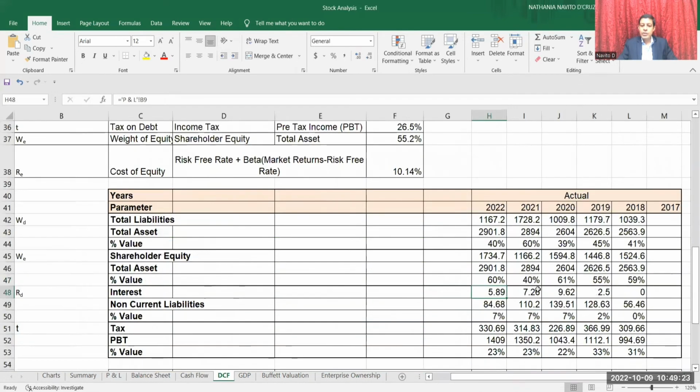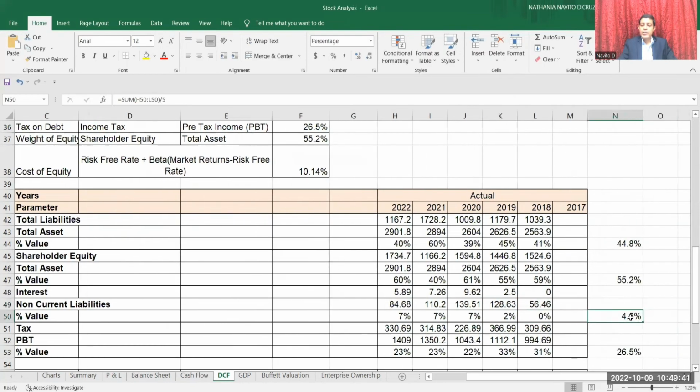So we take these values and then we take the total non-current liabilities, since it is paying interest on all the non-current liabilities, that is the long-term liabilities of the company. So we take these values from the balance sheet and divide them to get a percentage. So we get a percentage of 4.5 for Colgate-Palmolive.